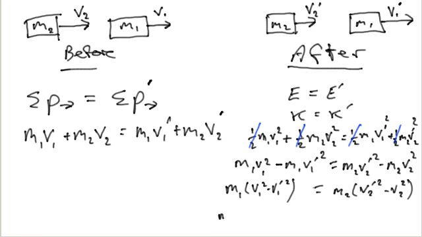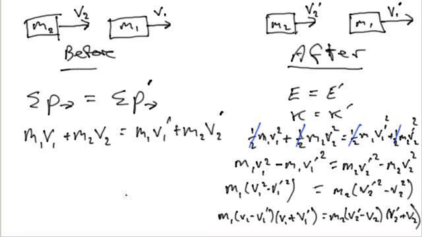So that makes this m1 times v1 minus v1 prime times v1 plus v1 prime equals m2 times v2 prime minus v2, then times v2 prime plus v2. Now I get to work on this equation.